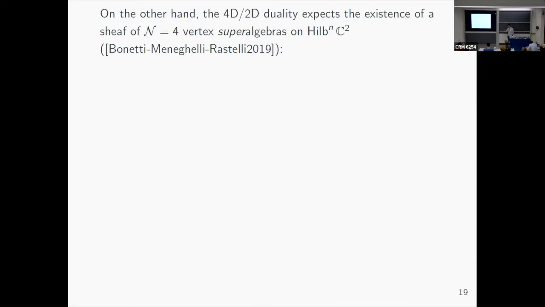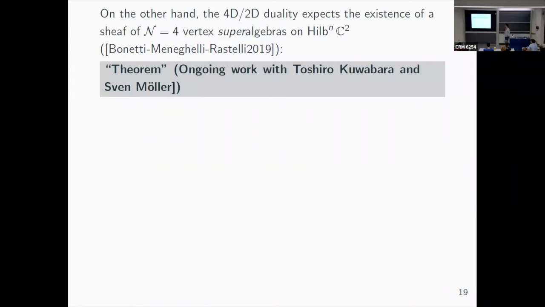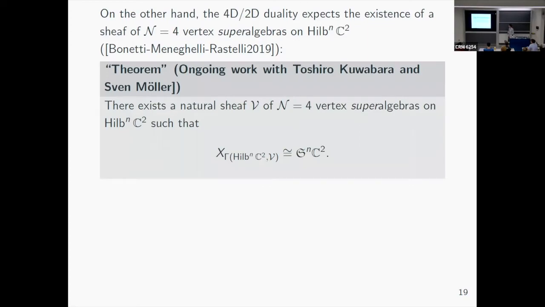If you add the super part, it miraculously cancels the obstruction. And so this is not yet a theorem, but our statement is that there exists a natural sheaf of vertex superalgebras on the Hilbert scheme, whose associated variety is the symmetric power of C^2. So this is a natural affinization of the Kashiwara-Rouquier construction.